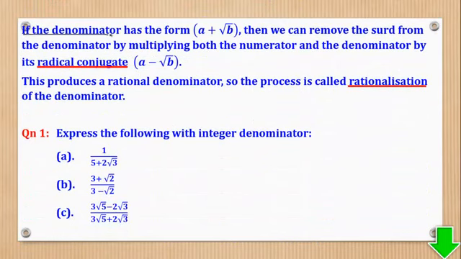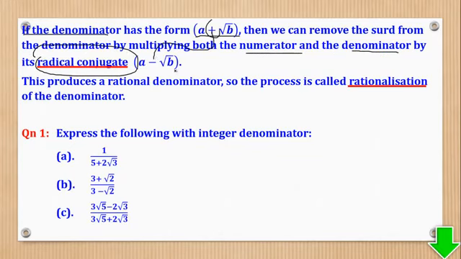But what if the denominator is in the form a plus root b? We can remove the surd from the denominator by multiplying both the numerator and denominator by its radical conjugate. Now, radical conjugate means the sign changes.